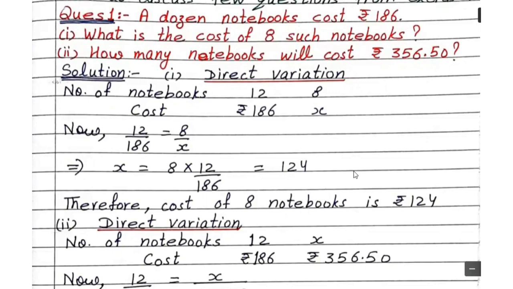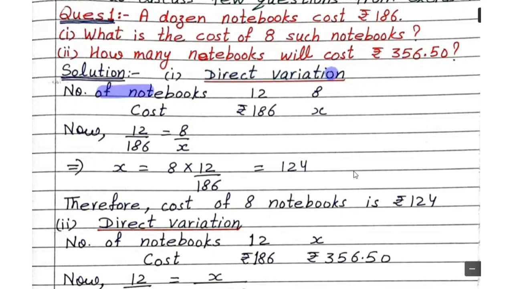Now let us discuss a few questions from the exercise. Here question number 1 is, a dozen notebooks cost rupees 186. What is the cost of 8 such notebooks? Now let us solve this. Now children, it is a question of direct variation, right?